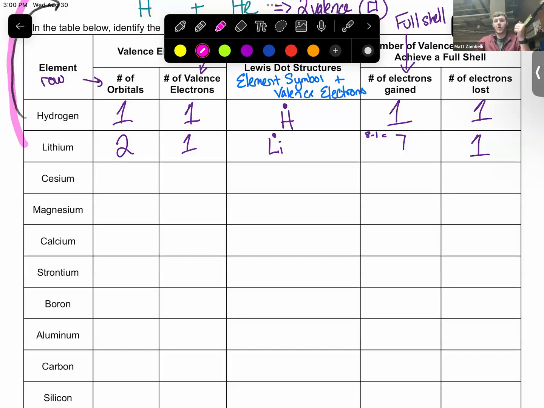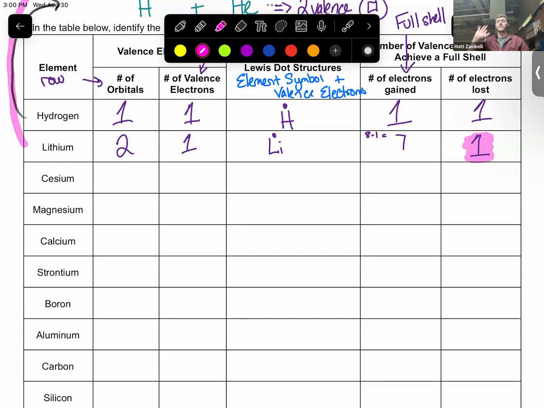So going around, is it going to be easier to go and find 7 more things to take away from other elements? Or is it easier just to give one away and then just be done with it? Because we're just going to look for the bigger number. Lithium's 7 is the bigger number. So we're going to ignore that. We want the one that's smaller. So this one is going to be what we're going to do.